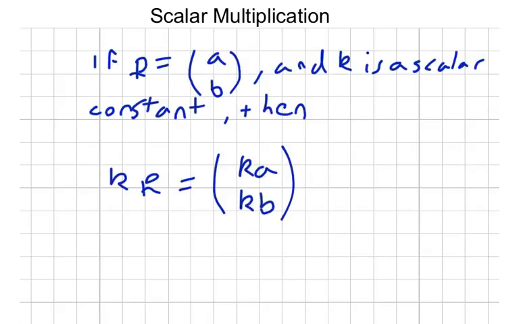We multiply the scalar by each of the components of our column vector. And that's all there is to scalar multiplication.